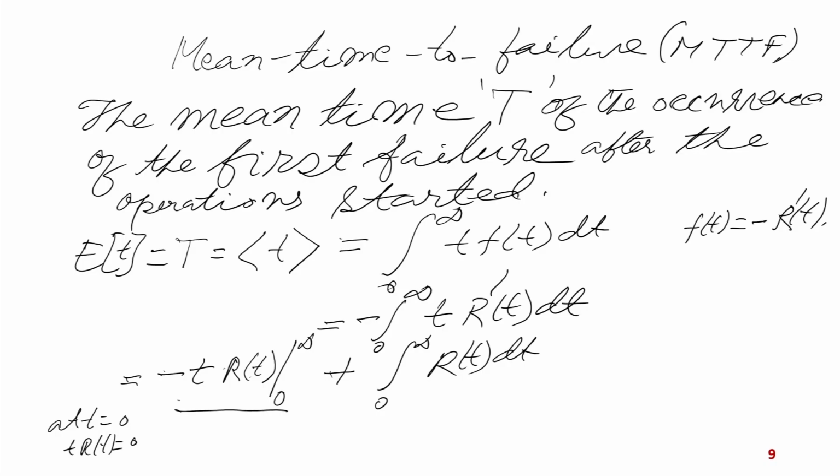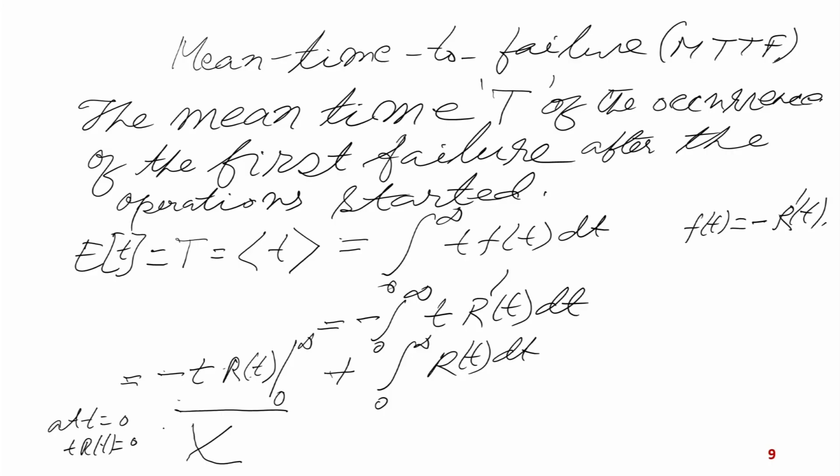So, before t reaches a very high value, the product will come to 0.